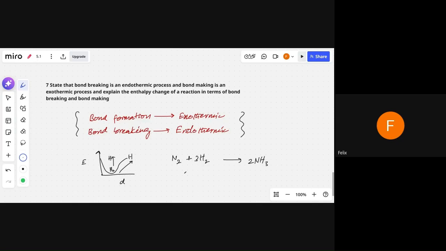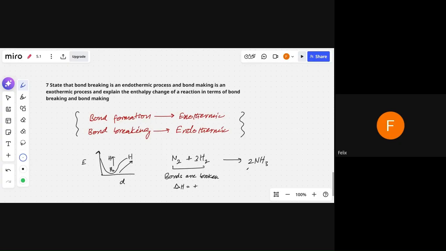So remember that on the reactants side in a chemical reaction, bonds are broken, right? These bonds are broken, and here the delta H will be a positive value because energy is being absorbed in order to break these bonds. And once these atoms are free, they rearrange and create something new.